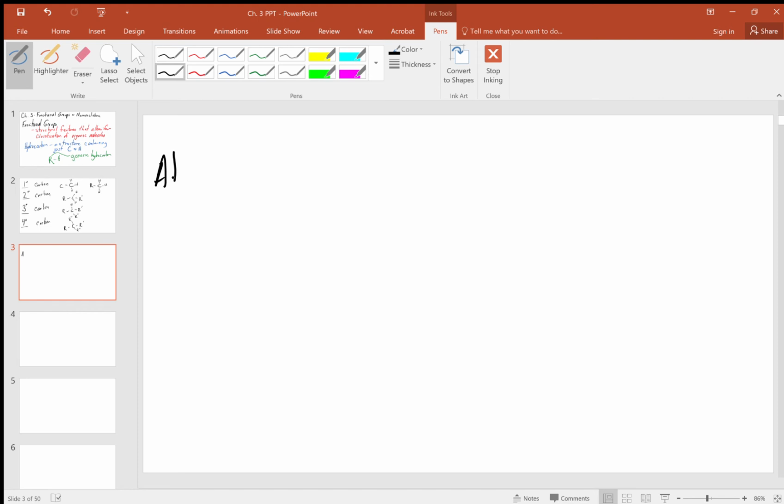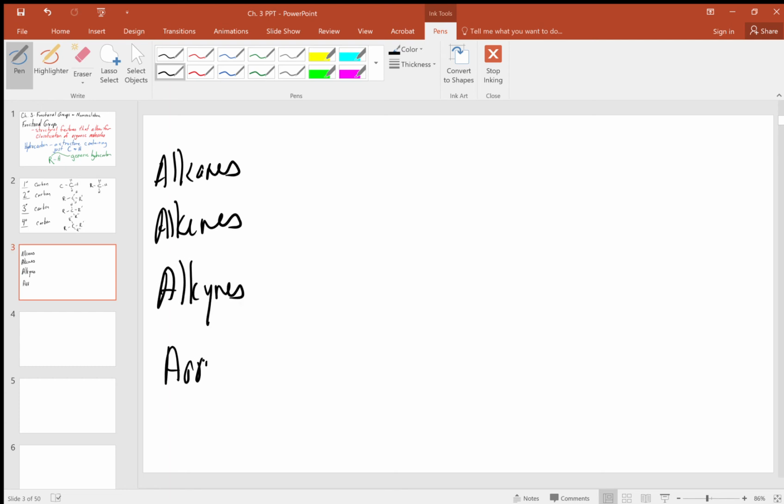So we have alkanes. I'm just going to list them to start. Alkenes, alkynes, and aromatics. I put these in this group because these are hydrocarbon functional groups. They don't involve any atoms other than carbon and hydrogen.